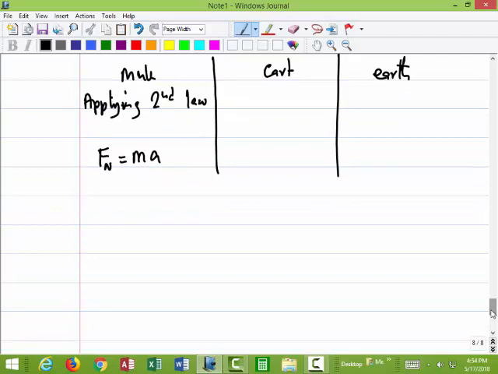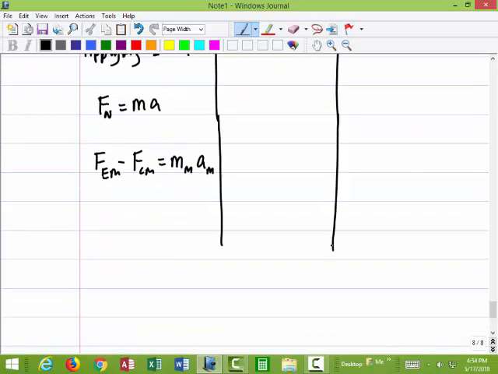Those are the force of earth on the mule minus the force of the cat on the mule, and that will be equal to the mass of the mule times acceleration of the mule. And then we can say that acceleration of the mule is therefore equal to the force of the earth on the mule minus the force of cat on mule divided by mass of the mule.